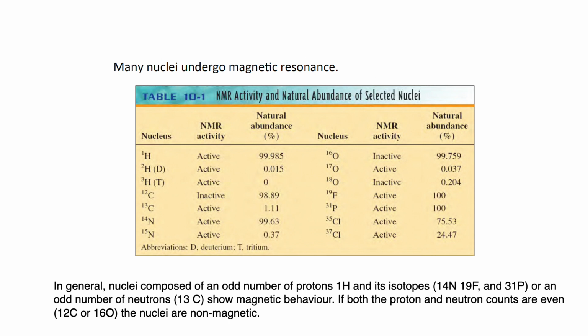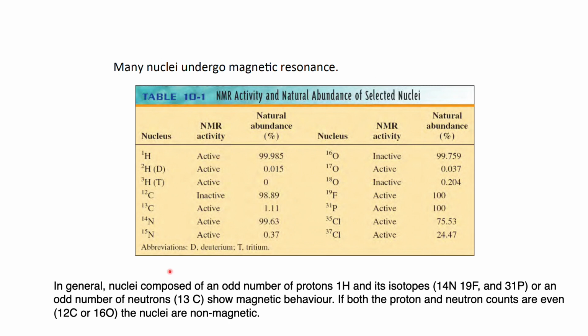In general, nuclei composed of an odd number of protons like 1H, the protium ion, and the isotopes of atoms like 14N, 19F, and 31P, or an odd number of neutrons like 13C, all show magnetic behavior and they're marked as active in this column.